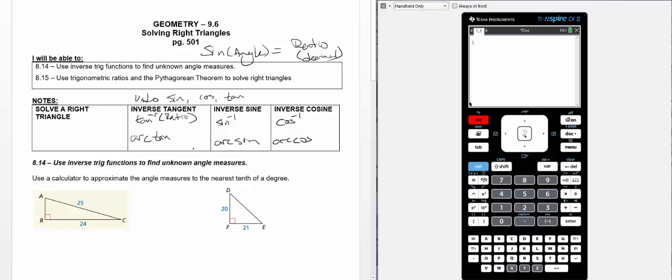And again, all of these take in the same ratios or decimals that you would have gotten out of a sine, cosine, or tangent. We plug those into these arc functions, and what we get out are angles. We're going to use these to solve right triangles, or to find all missing parts. When we say solve a triangle, that means find all the missing sides and angles.